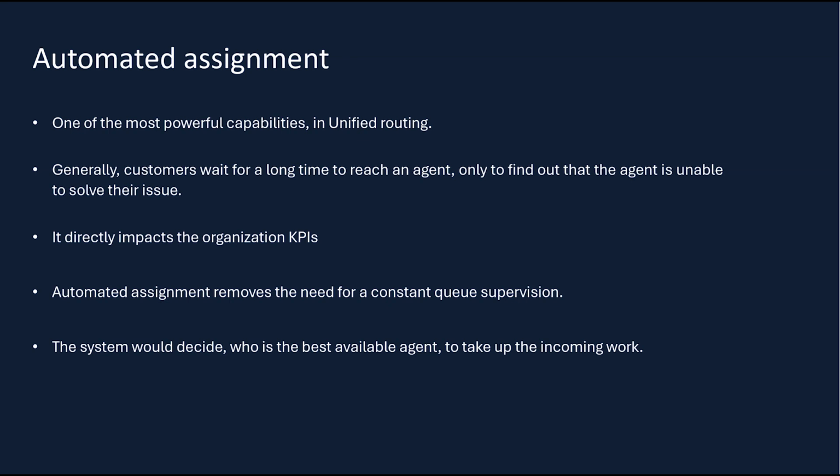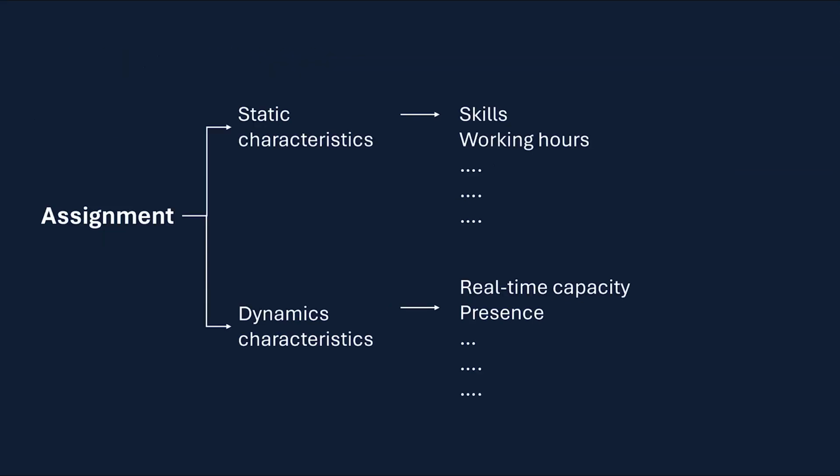This automatic assignment, or automatic call distribution aspect of the routing, removes the need for constant queue supervision. The service would decide who is the best available agent to take up the incoming work. Unified routing evaluates the static characteristics of the workforce, such as skills, working hours, etc., as well as the dynamic characteristics, like real-time capacity, presence, etc., to assign incoming service requests to the best-suited agent.